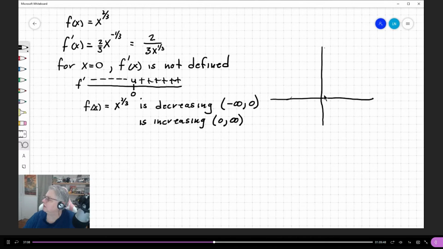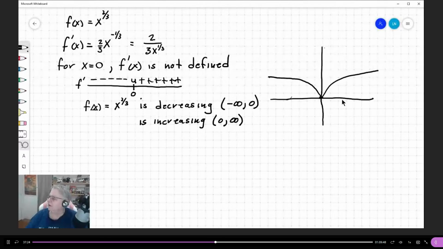It basically looks like this. And this point right here, back in pre-calc, we called that a cusp. That's a sharp point on the graph, and a sharp point on the graph is an undefined tangent. That is what's called a vertical tangent line.